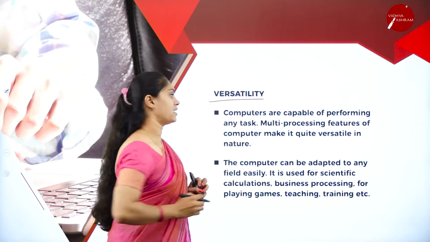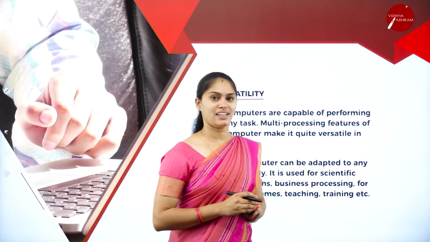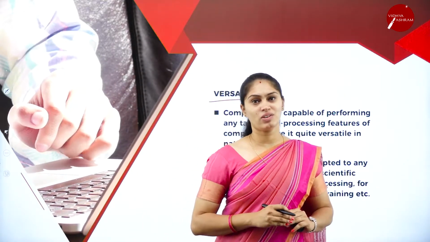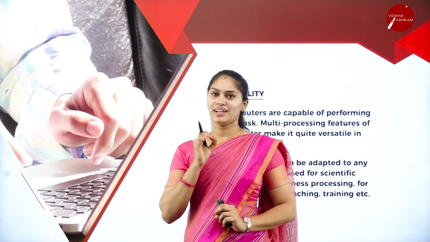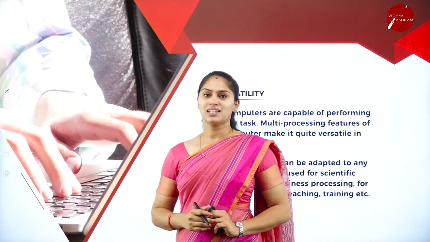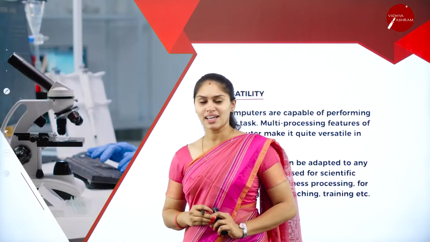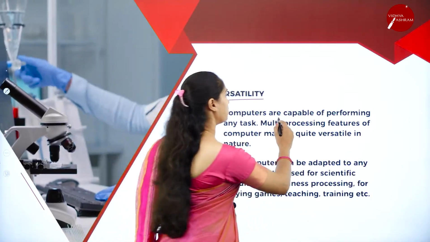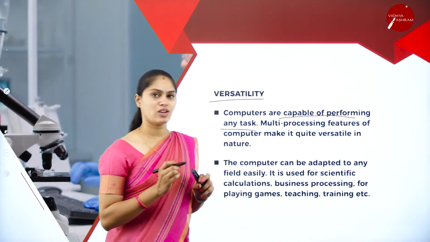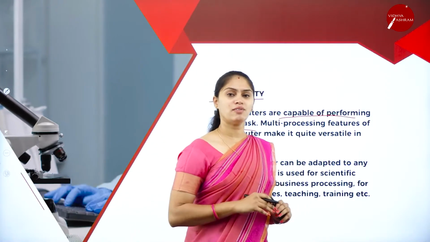Then what is the next thing? That is versatility. The computer is versatile in nature. How can I say the computer is versatile in nature? It is going to perform any kind of task, whether a simple task or a complex task. For all the things, the computer will be a master. Computers are capable of performing any task. If I give 2 plus 2, it will add.